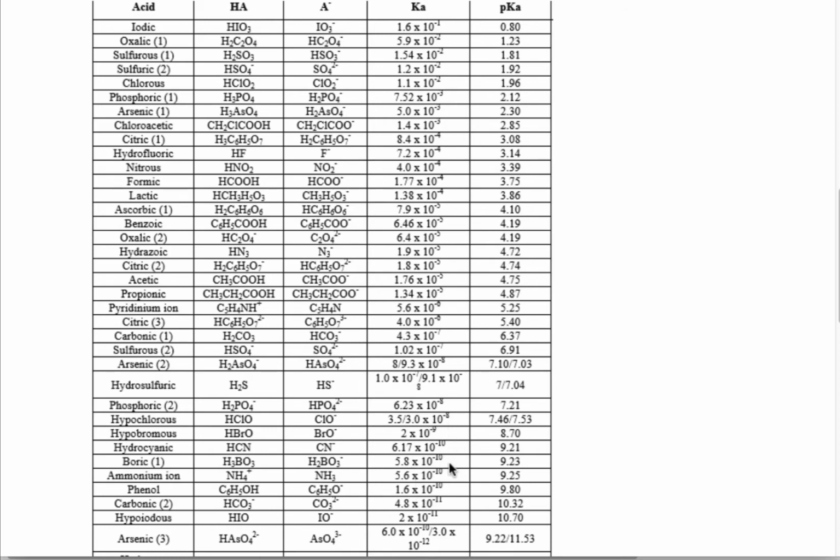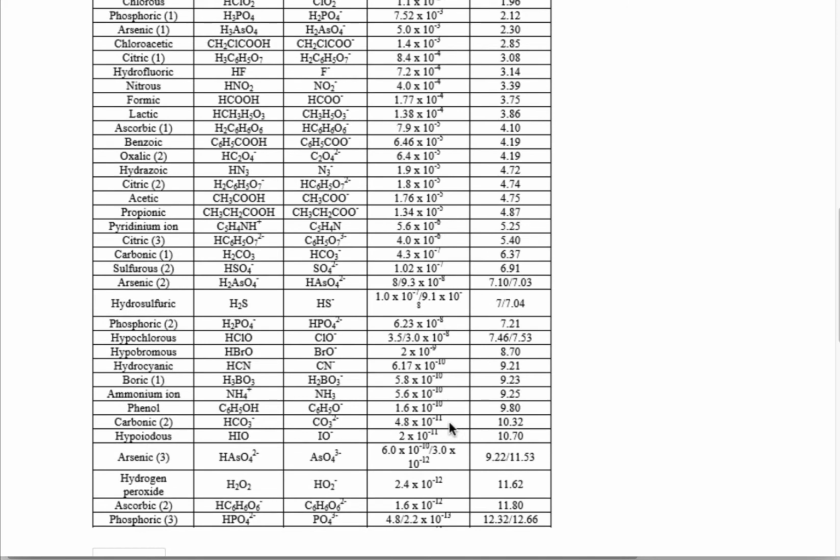If we think about hypochlorous acid, for example, 10 to the minus 8, and it can keep on going down to phosphoric acid. The third of the H's on the phosphoric acid is down here at 10 to the minus 13. So this is just a few examples of different weak acids.